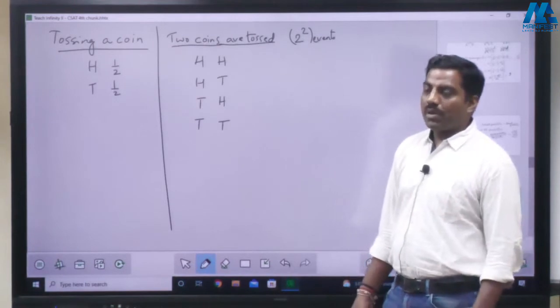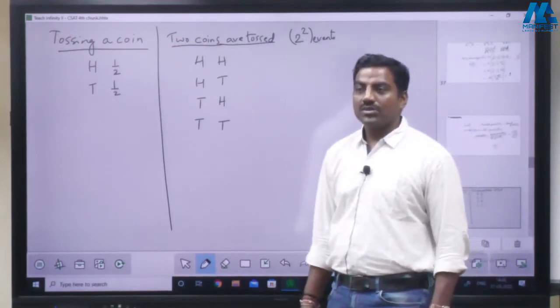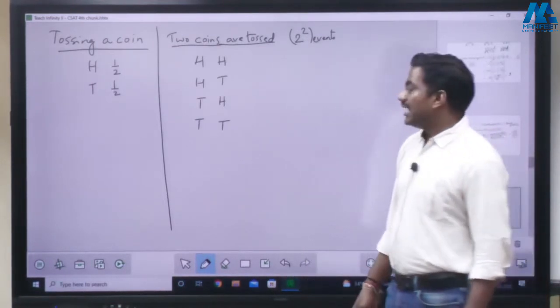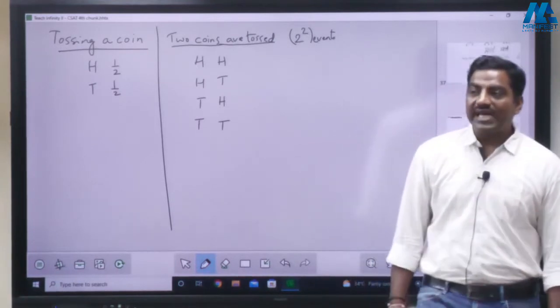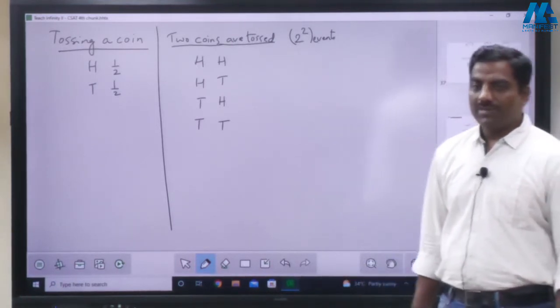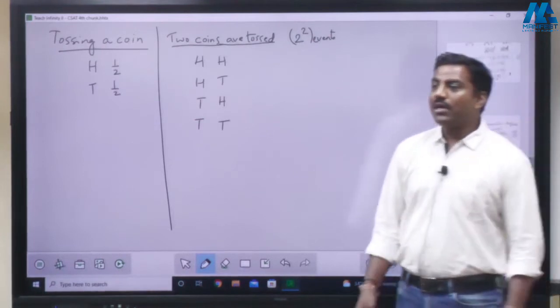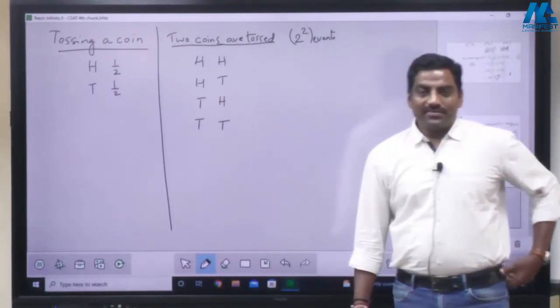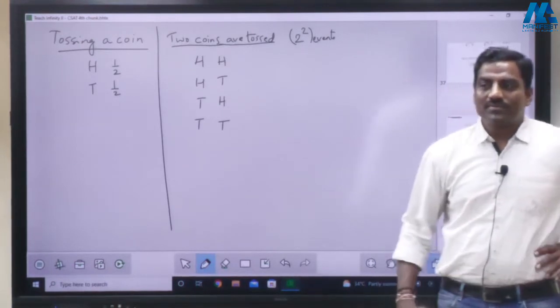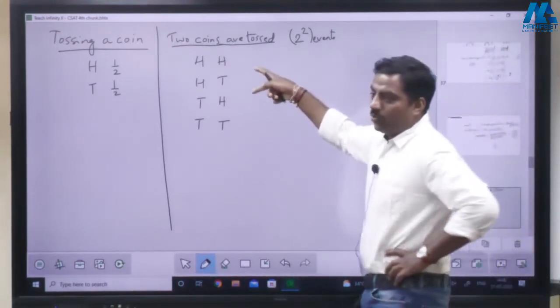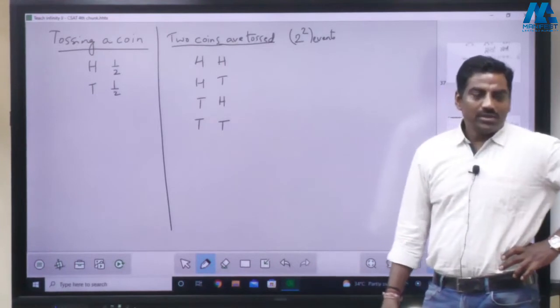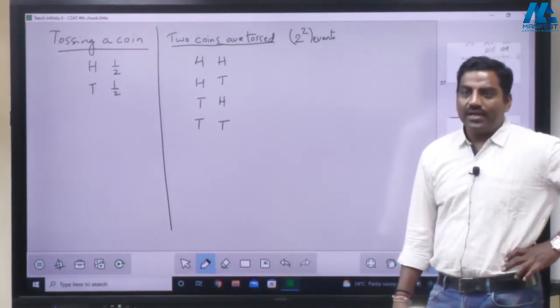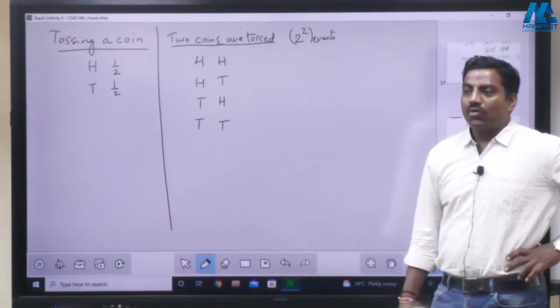So what is the probability of getting both the heads? 1/4. Yes. Then probability of getting both tails? 1/4. Yes. Probability of getting one head and one tail. You can consider both of them. 2/4. So half is the probability for getting one head and one tail.